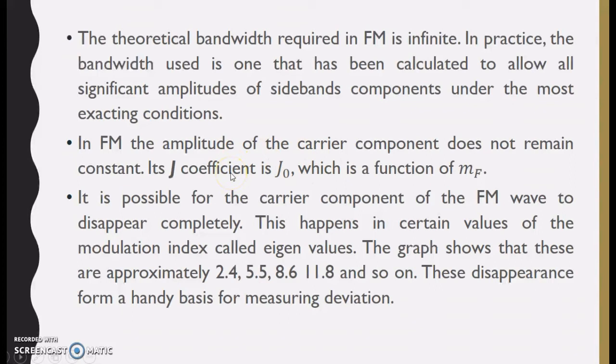In FM, the amplitude of the carrier component does not remain constant. Its J coefficient is J sub 0, which is a function of FMF. Last, it is possible for the carrier component of the FM wave to disappear completely. This happens in certain values of the modulation index called eigenvalues.